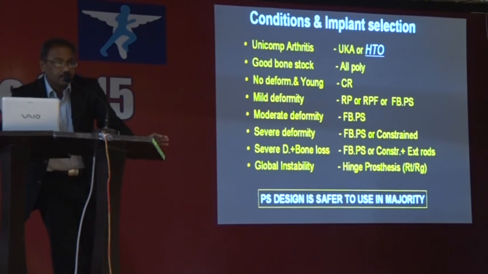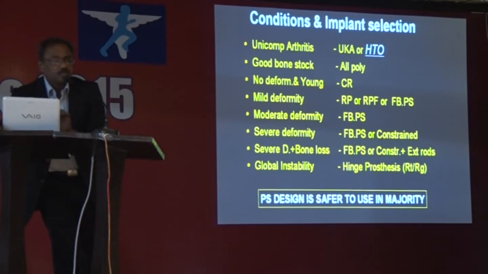Especially in our circumstances, go for HTO. The indications are almost the same, HTO gives excellent results, and revision after HTO is no problem. But revising a unicompartmental is as difficult as revising any knee.